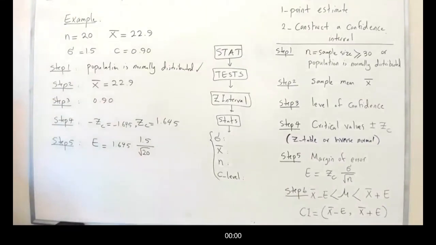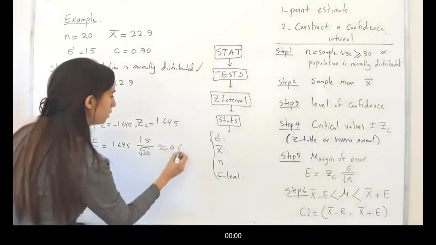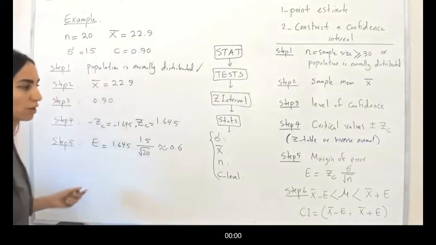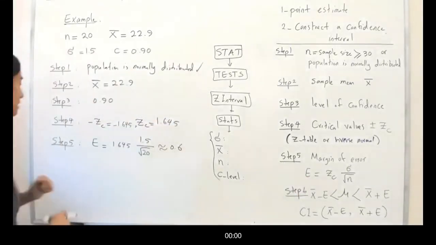So margin of error is almost 0.6. Almost 0.6. Now that you have your margin of error, you can construct your confidence interval.